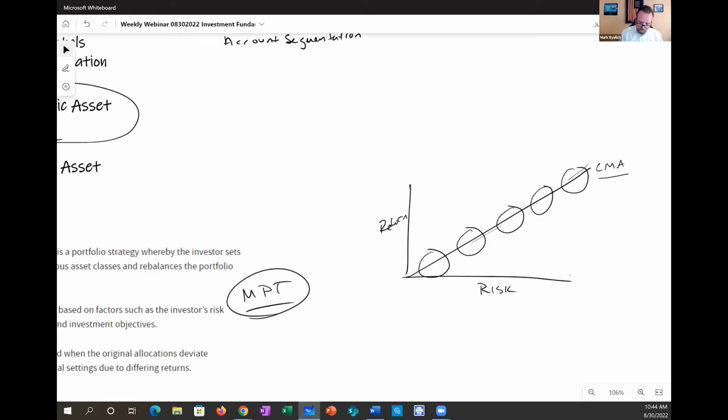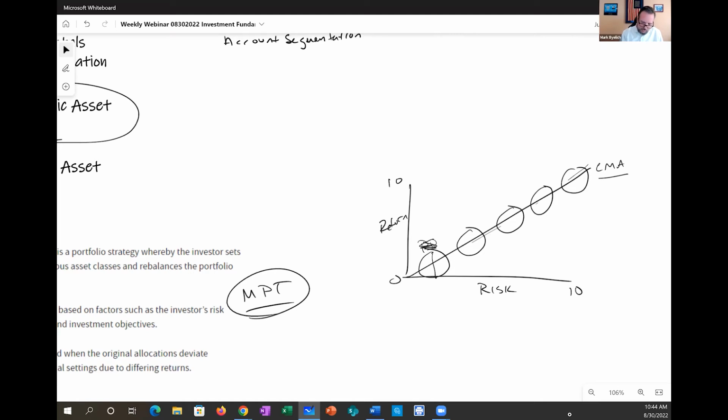And of course, if our returns start here at 0 and your risk starts at 0, and let's just say it goes to 10 and the return goes to 10, just to keep it simple, well, you can see this is going to be a heavy cash, maybe, a third or a half, kind of a principal protected or very conservative.